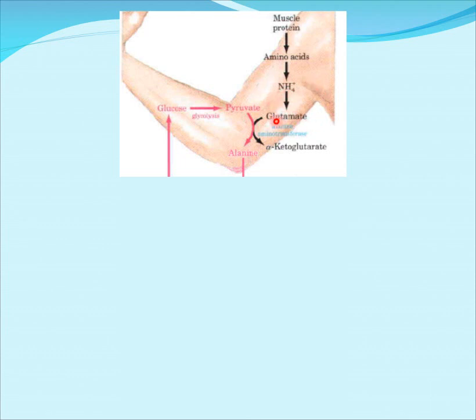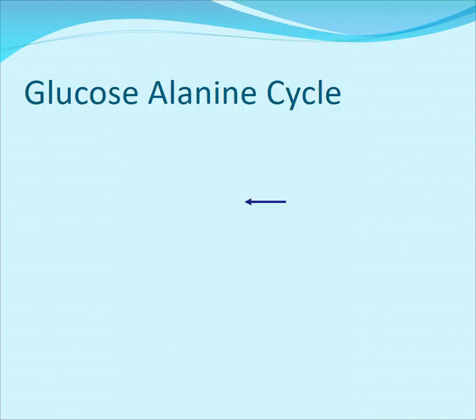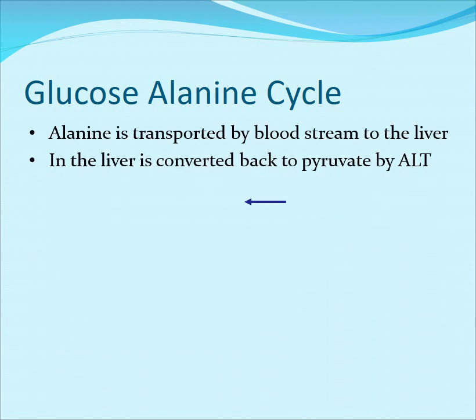Ammonia is funneled into glutamate, and then glutamate, by transamination with pyruvate, forms alanine. Now alanine is transported in the bloodstream to the liver, and in the liver it is converted back into pyruvate by ALT, by the reverse of the previous reaction.